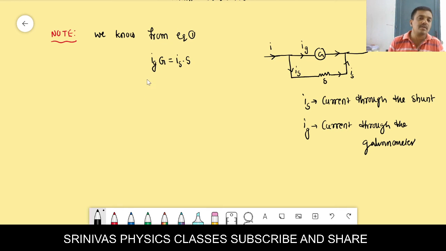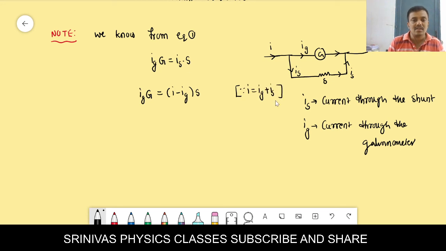You see here, I will write some formula. Ig G is equal to Is S. We write Is as I minus Ig, because we know I is equal to Ig plus Is from the figure.